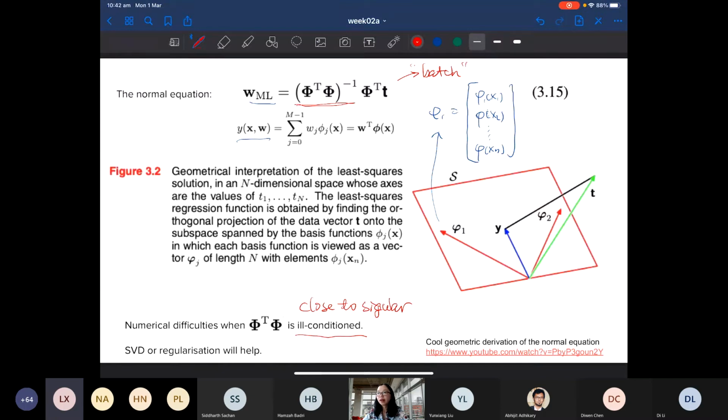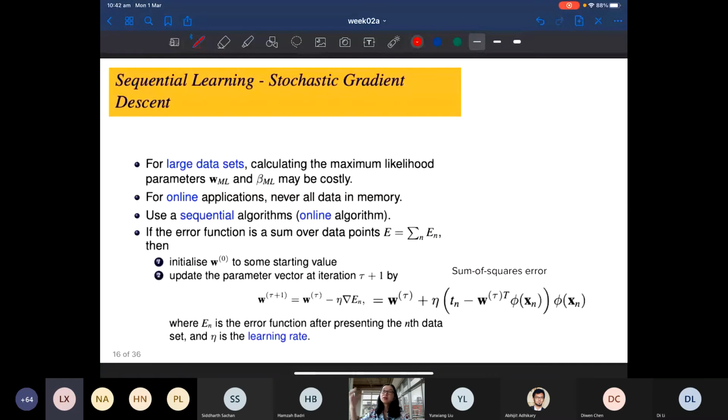This is nice, but when we have millions of data points, solving for this can take a while and can be computationally demanding. Also, there are cases when our data points come in one or a few at a time, and we would like to update our weights given the new data points, starting from some w and moving towards a better w as we go through the data.